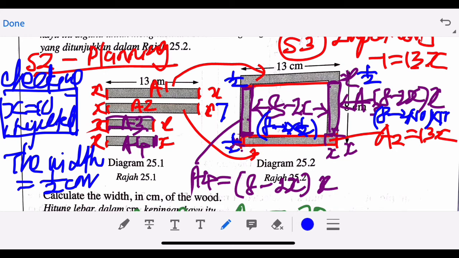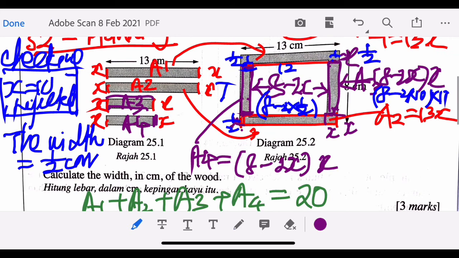So it looks like no problem. Even if you take 13 minus 1 over 2 and 1 over 2, it will be 12, then here will be 1 over 2 and 1 over 2, still 13. So no problem. Let's check again.